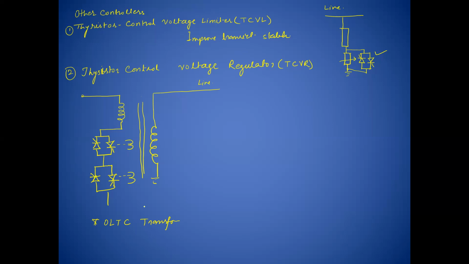Under load condition, we can provide an automatic system to control the voltage of the transmission line, say for example, to maintain 132 kV. If the incoming voltage is 400 kV and the tapping is provided on the HV side, the terminal voltage on the secondary side stays constant.